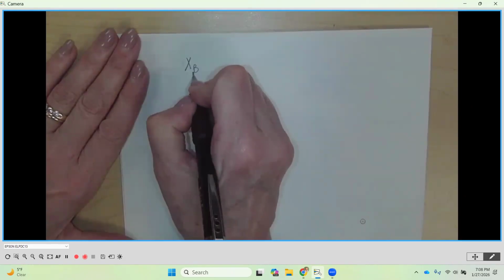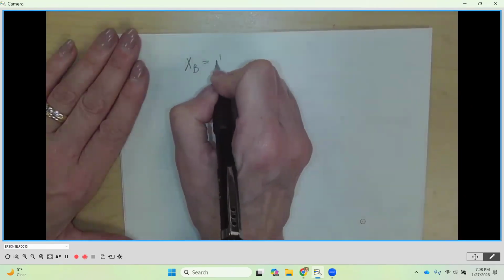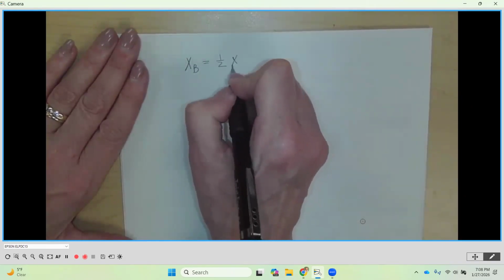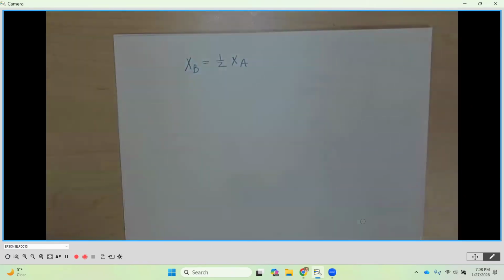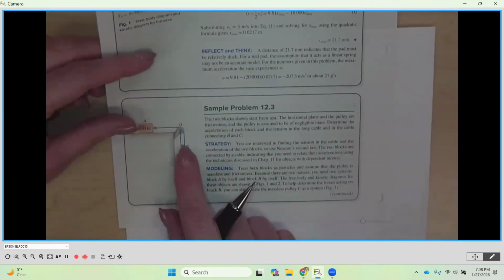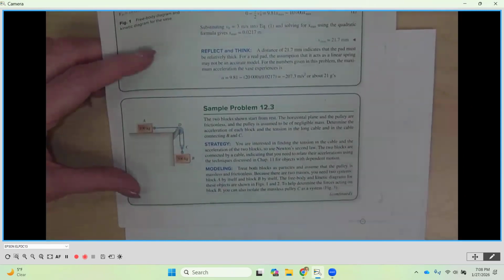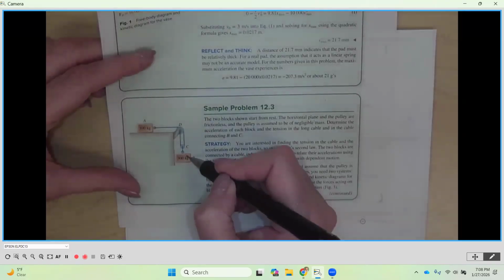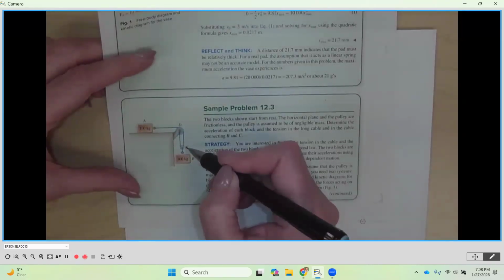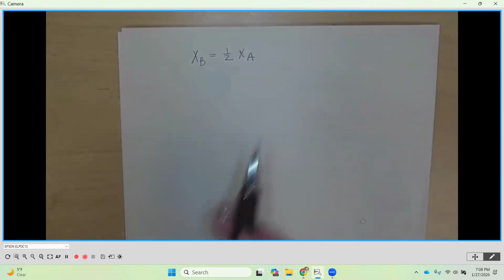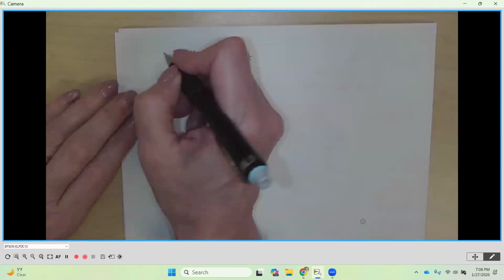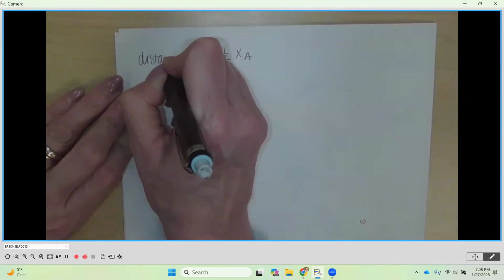The distance that B moves is going to be equal to 1/2 the distance of A, and again, it's because of the wrap around this pulley. If I pull 1 meter of A, I'm only going to move 1/2 meter up of B. So B's distance is 1/2 of whatever we move A. Does that make sense to everybody? That's the relationship here.